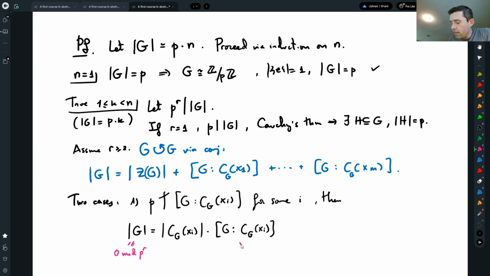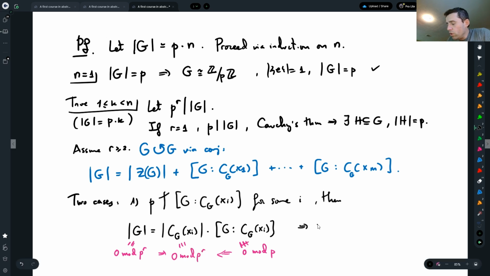And this index is, right now, non-zero modulo p, so it's definitely not divisible by p at all. So these two facts imply that the order of the centralizer also has to be 0 modulo p to the r. So that tells me that p to the r divides the order of the centralizer.